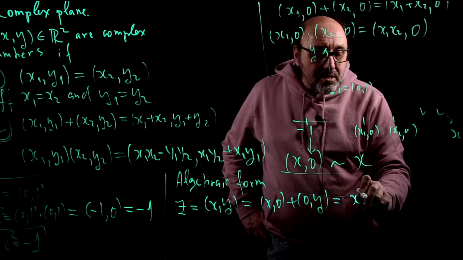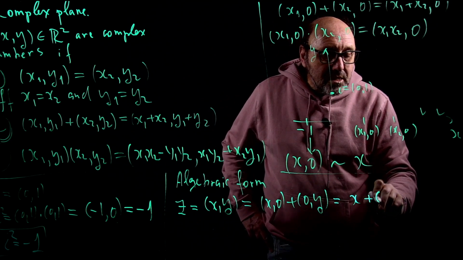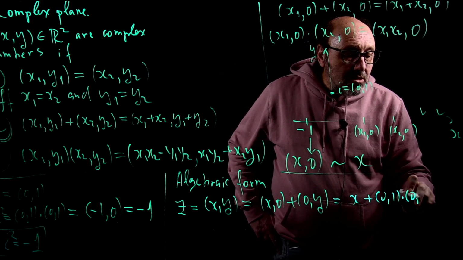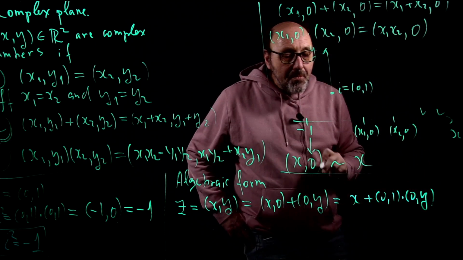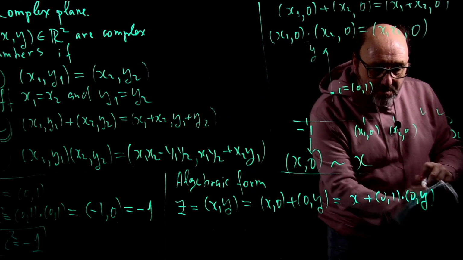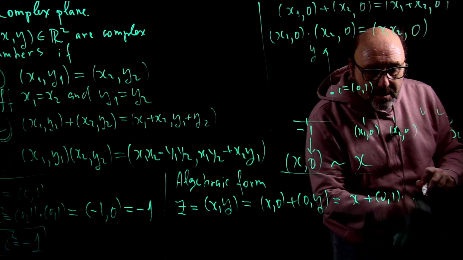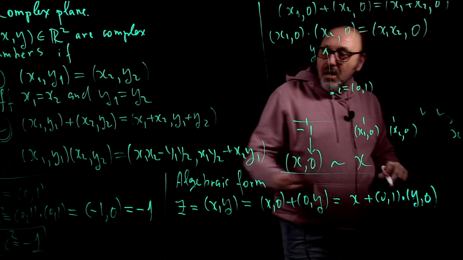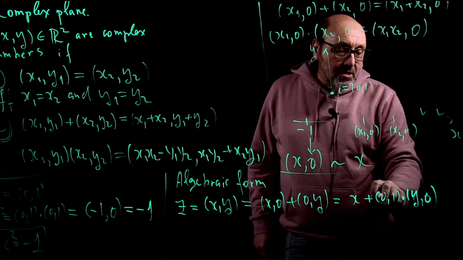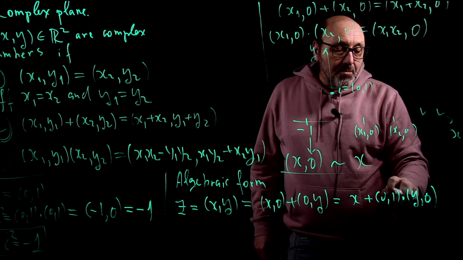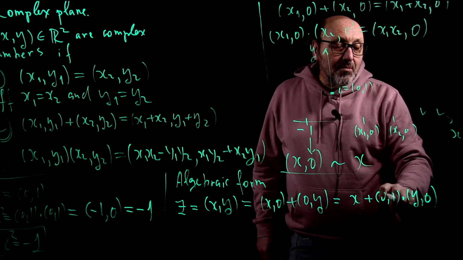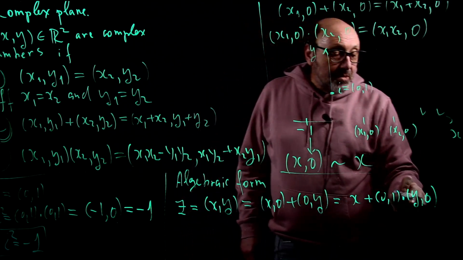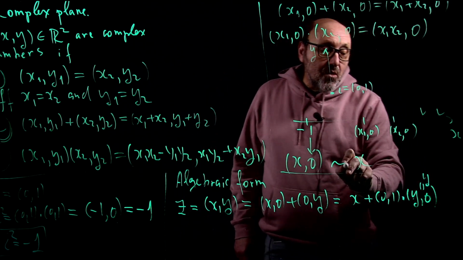And the second couple can be written as (0, 1) multiplied by (0, y). If we apply our rule 3, we have (0·0 minus 1·y, 0·y plus 1·0), so we obtain the couple (-y, 0)... more precisely the couple (0, y). This is just y, using our convention.